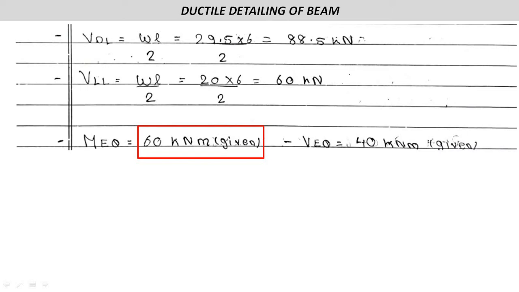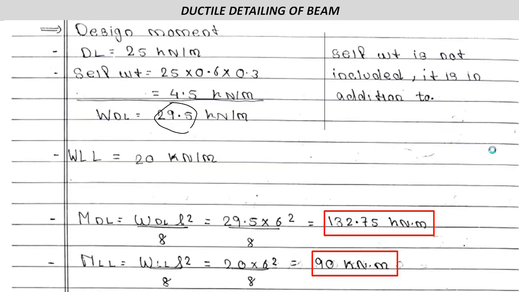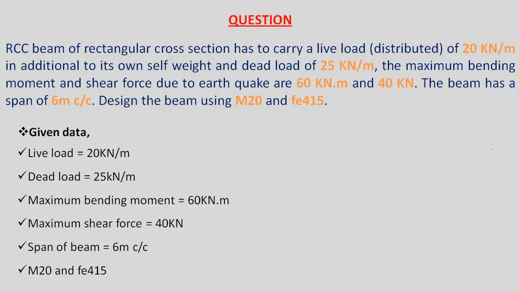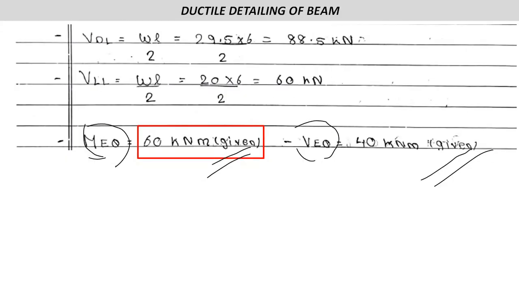And the moment due to earthquake and shear force due to earthquake are already given in the data, which is 60 kN into meter as the moment due to earthquake, and 40 kN as the shear force. Here it is a mistake, there will be only kilonewton. These two values are already provided in the data.